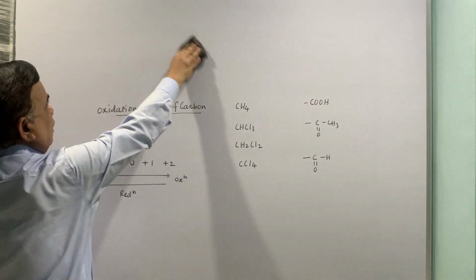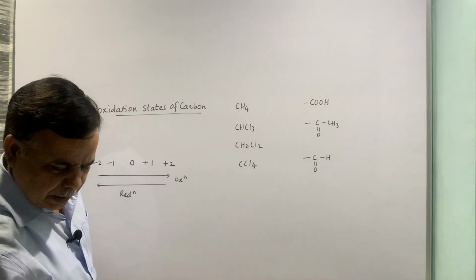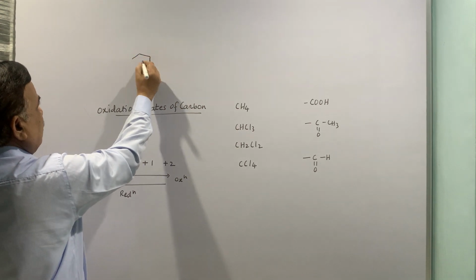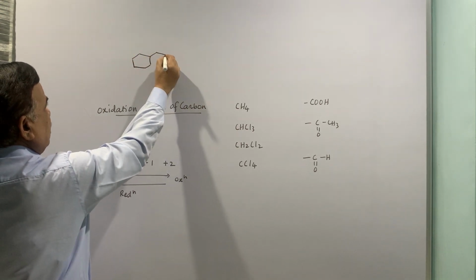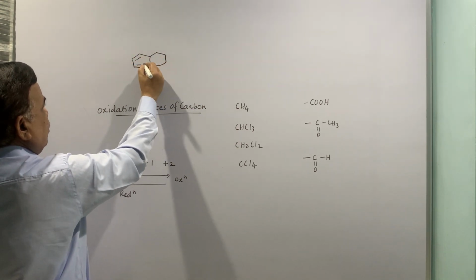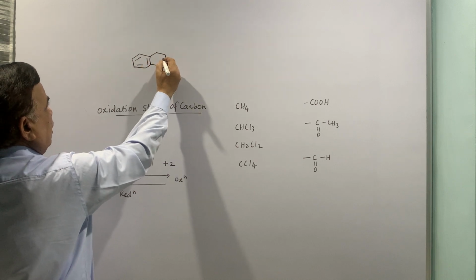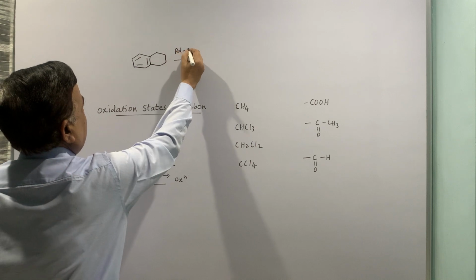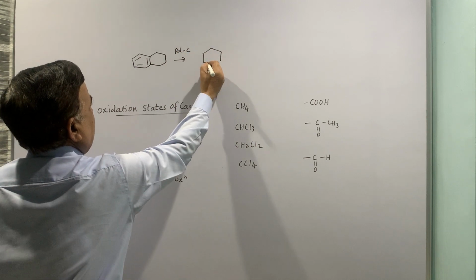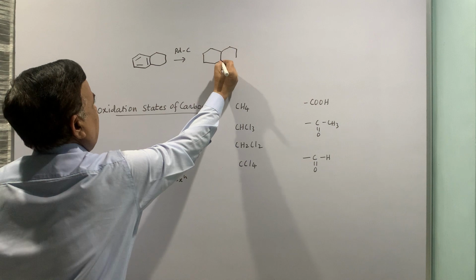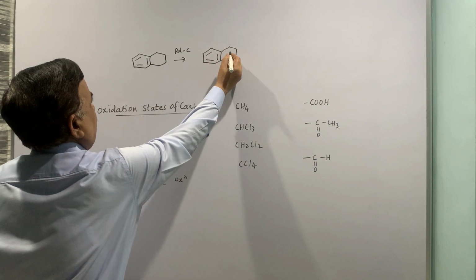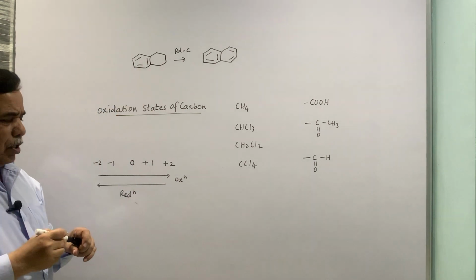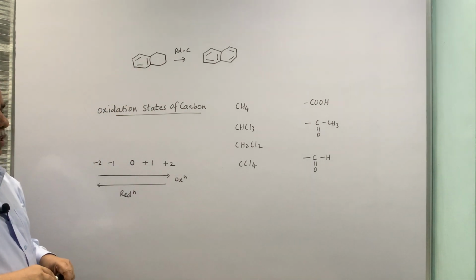Then removal of hydrogen, what we have said, removal of hydrogen is also oxidation. So transformation of this compound with PDC is a classical example of dehydrogenation, and the aromatic sextet of the second ring is formed, so this is dehydrogenation or oxidation.